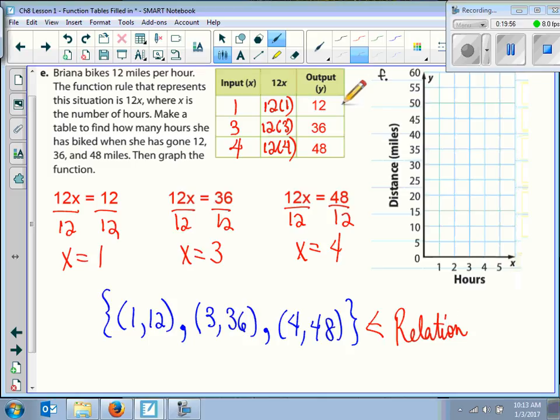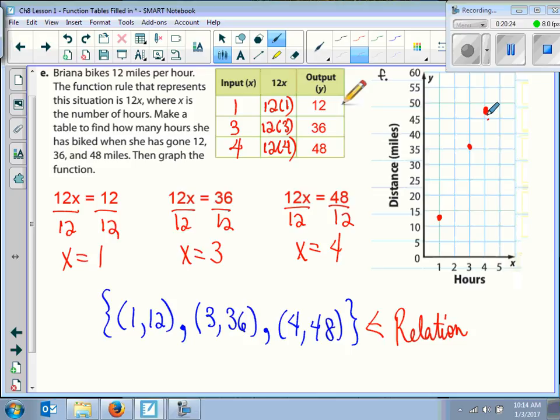All right, so now we graph. So we graphed 1, comma 12, and I believe this graph is in your textbook, right? So 1, comma 12 is about right there. 3, comma 36 is about right there. And 4, comma 48, is about right there.